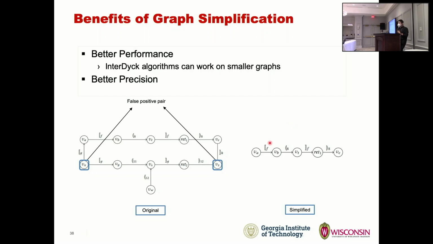So in principle, in this case, LCL will precisely conclude that these two nodes are reachable. And if we have a graph like this, we will have no false positive node pairs. That's the benefit of graph simplification.